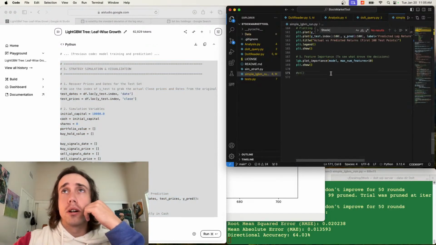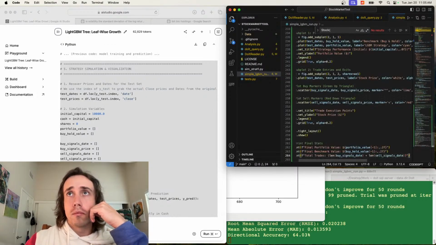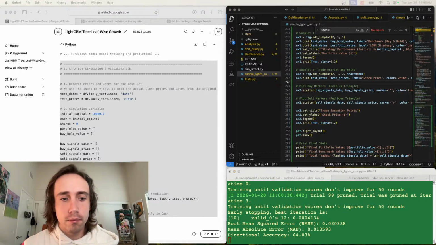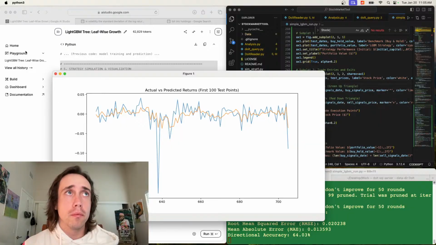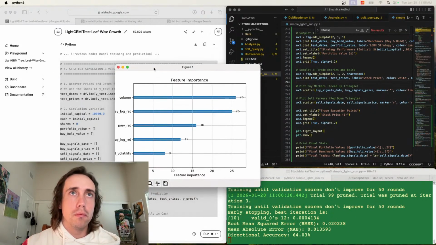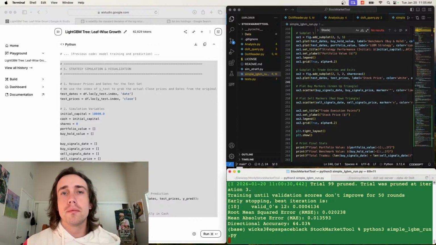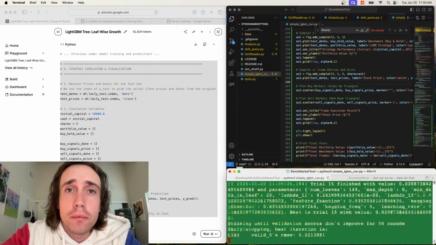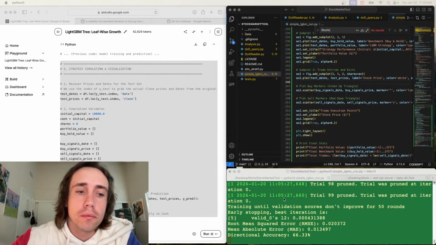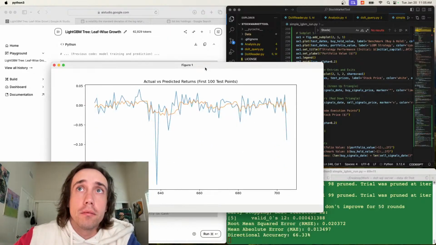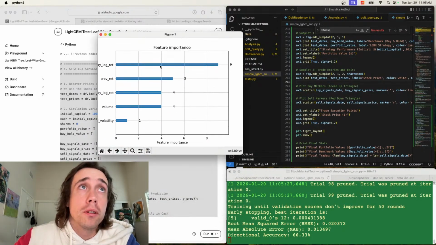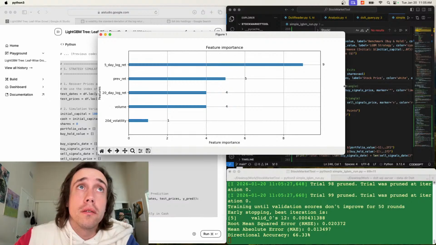Okay, so I'll put this at the bottom. And let's see what that gives us. Okay, so here's the same thing, predicted returns. Feature importance, 5-day log returns is most important.